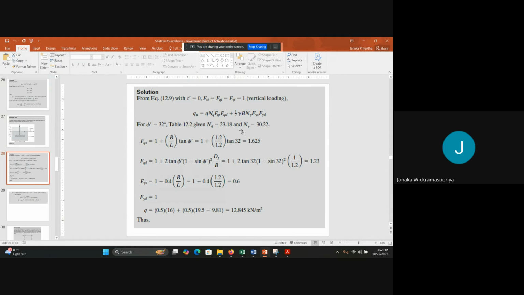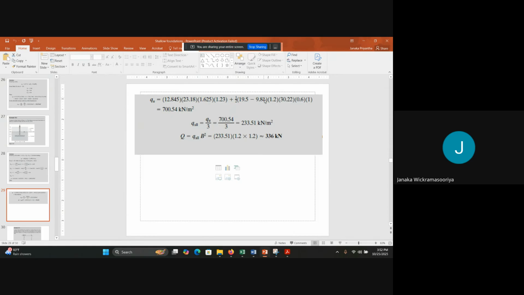And they have found Nq and N gamma. Nc is not needed. Then for Meyerhof's equation, they have found Fqs, Fqd, F gamma s, all those factors. Then effective stress is total stress minus water pressure. You can take the same value.